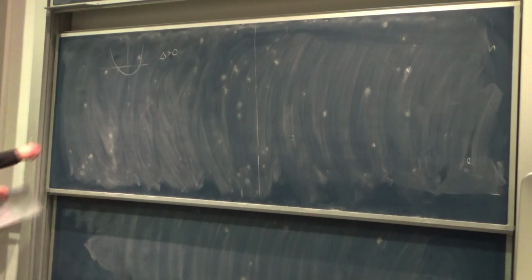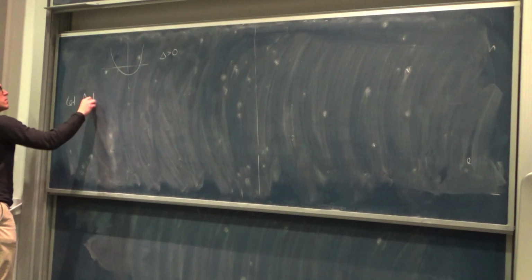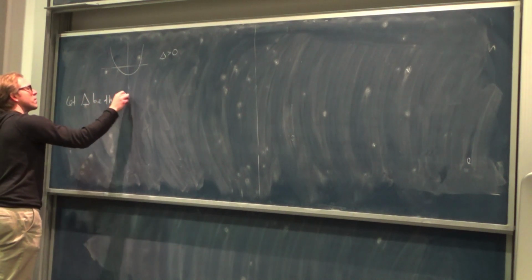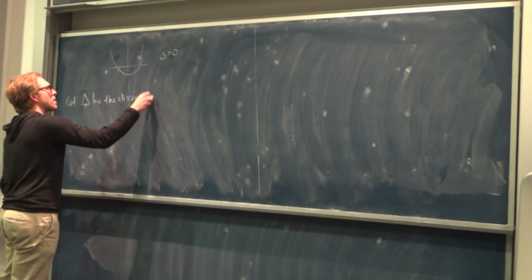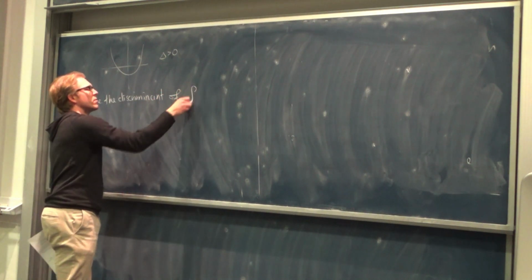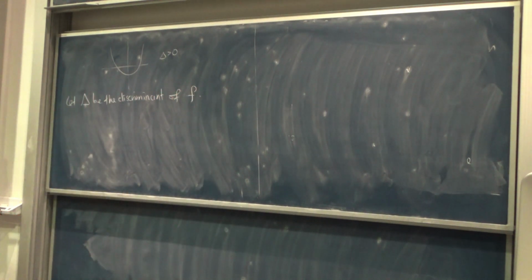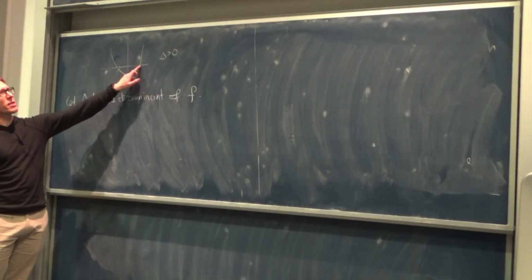But let delta be the discriminant. We'll write down the formula for it in a second. We know from the quadratic formula that if the discriminant was strictly positive, then we could write f as a product of two distinct linear factors. So it would look something like this.